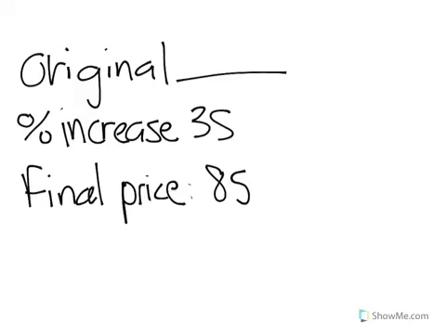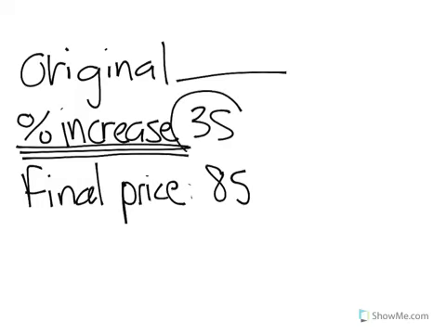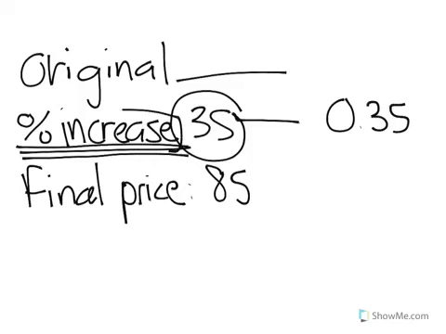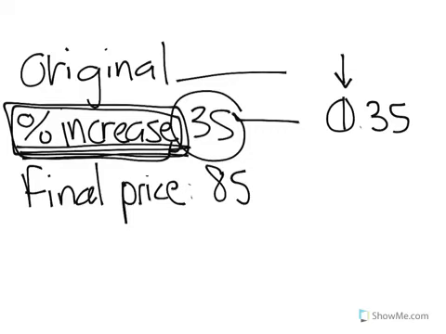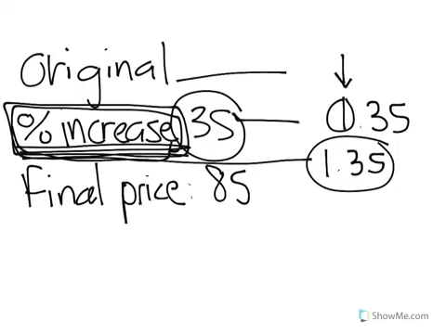So the really easy way to remember this, and this is only with increased percents, you rewrite this first in your mind as a decimal, and because it's an increase, and this is only with increases, you change this 0 to a 1. So it's 1.35, only because it's an increase.